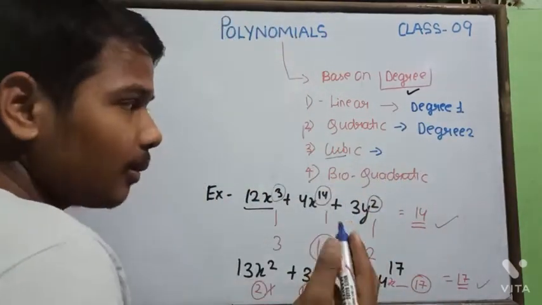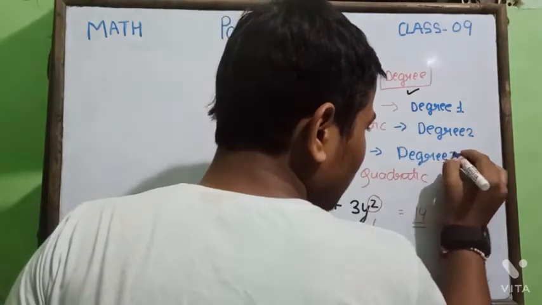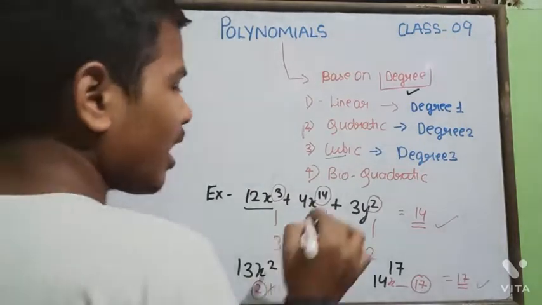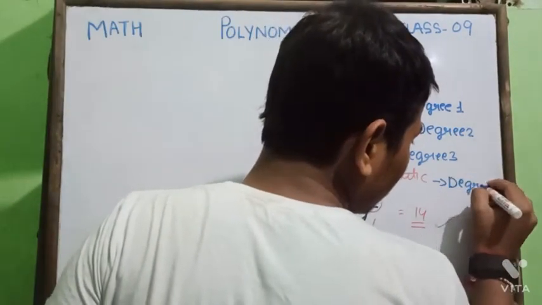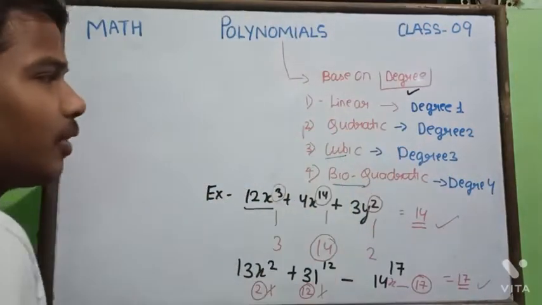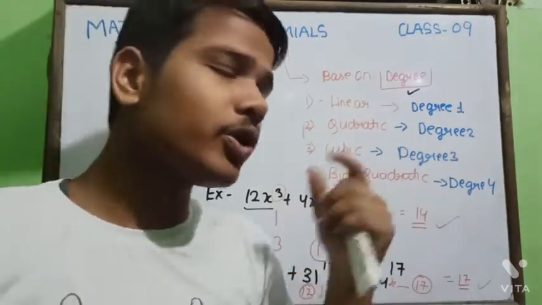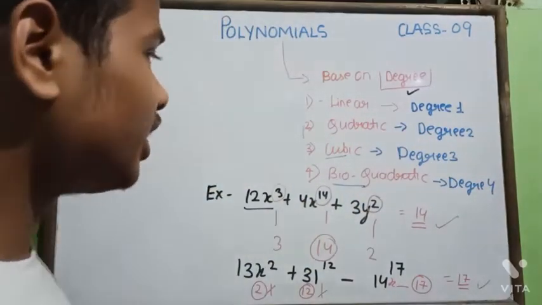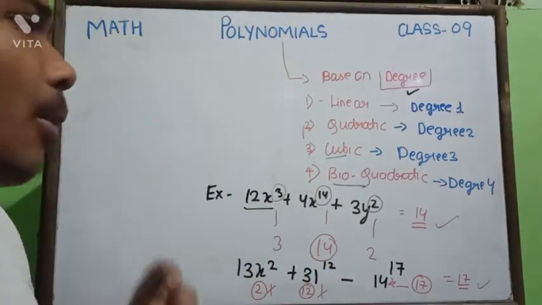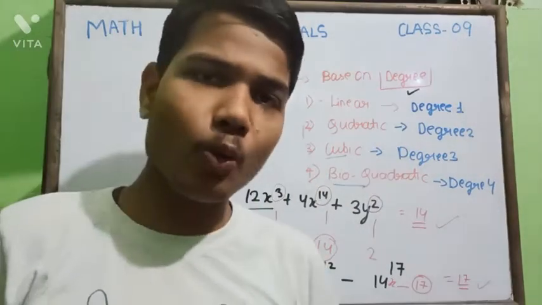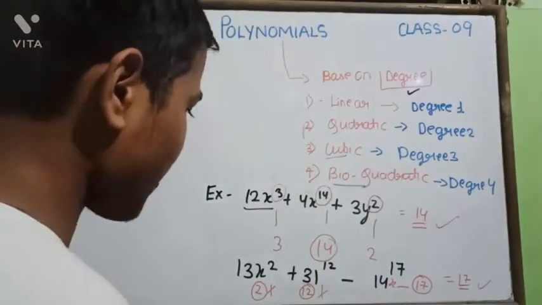Having degree 3 is called a cubic polynomial, and fourth is degree 4. Learn it line-wise, it will be easier to recall: degree 1 is known as linear, degree 2 is quadratic, degree 3 is cubic, and degree 4 is biquadratic. What do you mean by degree 1, 2, 3? I will tell you.